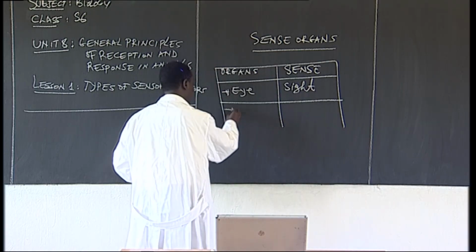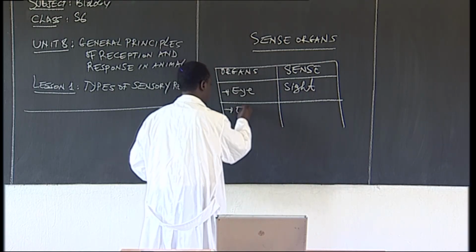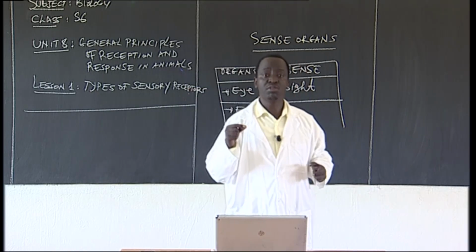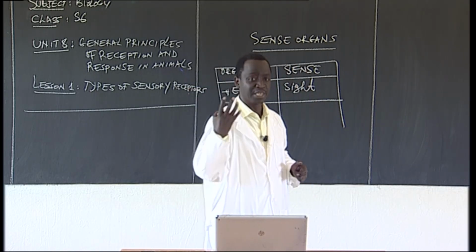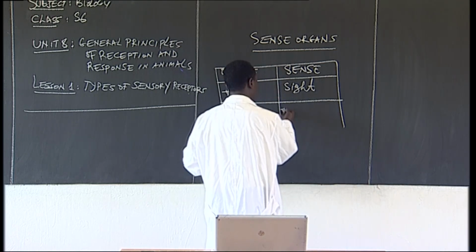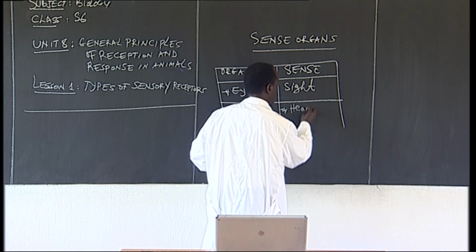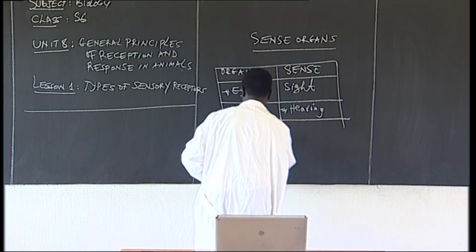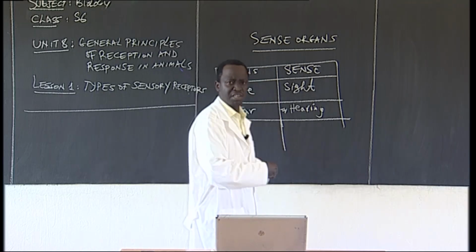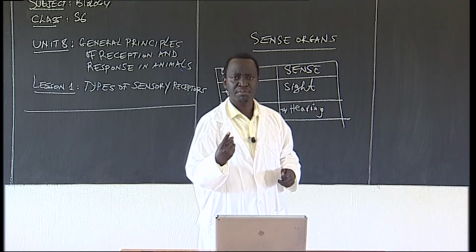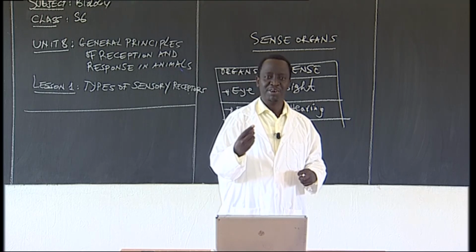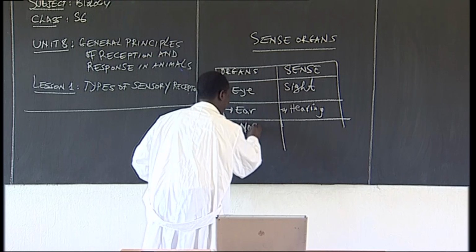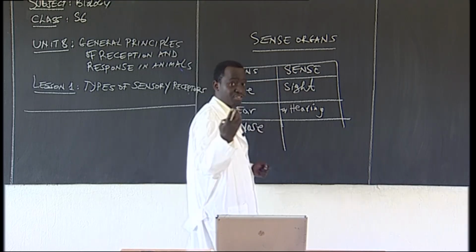Another sense organ is the ear. What does the ear help us to do? Hearing. It helps us to hear different sounds. What another sense organ do you know? Nose. Yes, the nose is a sense organ.